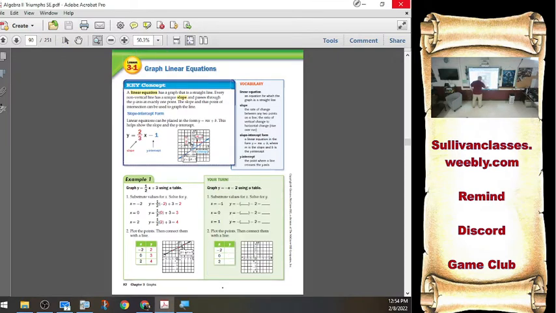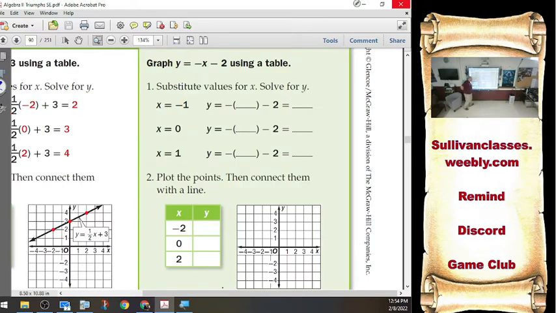So, if I'm going to graph with a table, this is something that we did first semester. I have a table, I plot points in it. If this is my equation, I'm going to take turns putting -1, 0, and 1 in there. So, what's a negative -1? -2.